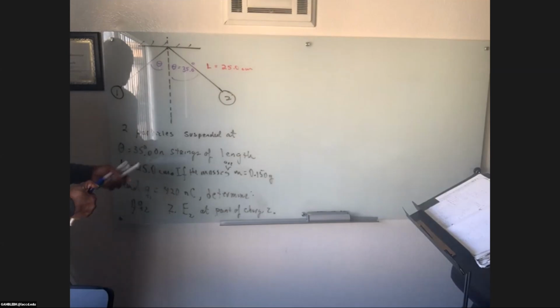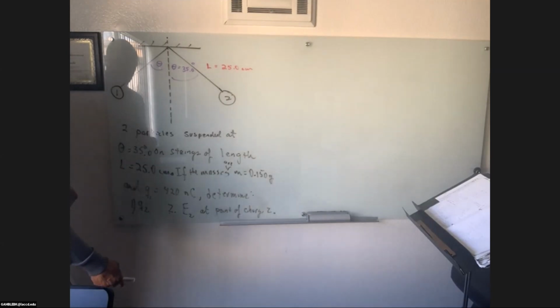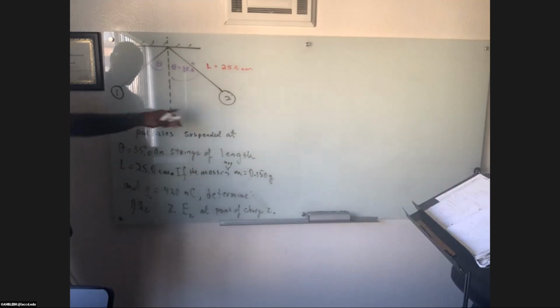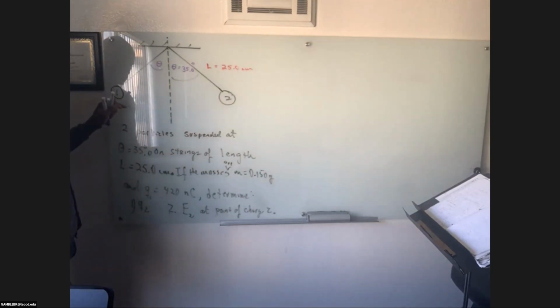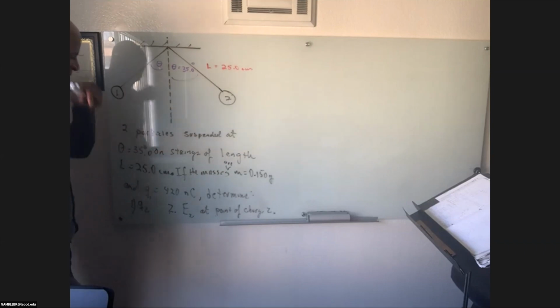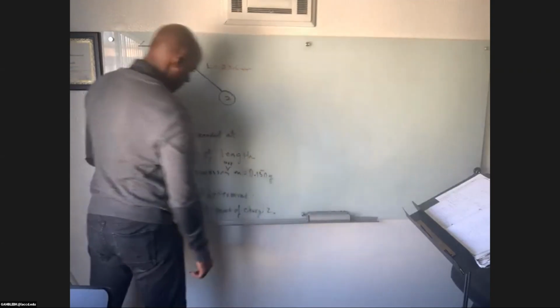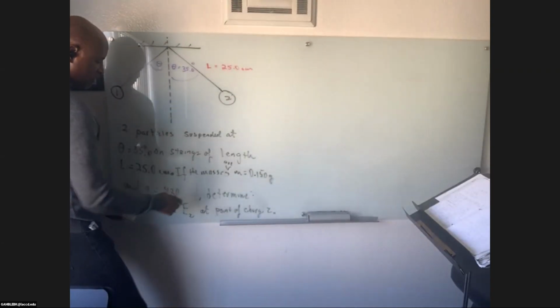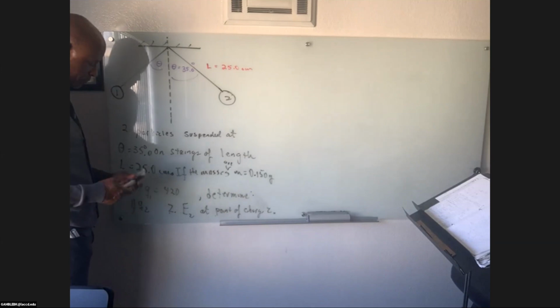The masses are 0.15 grams, not even 1 gram. So find the charge on this one if the other is 420 nanocoulombs, and find the electric field at the point where charge 2 exists. Now remember those properties associated with fields, that you can have a field at a point even if a charge is not there.